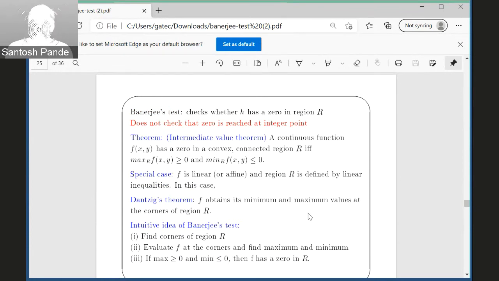So in short, if it's affine and linear, which is a special case of continuous.